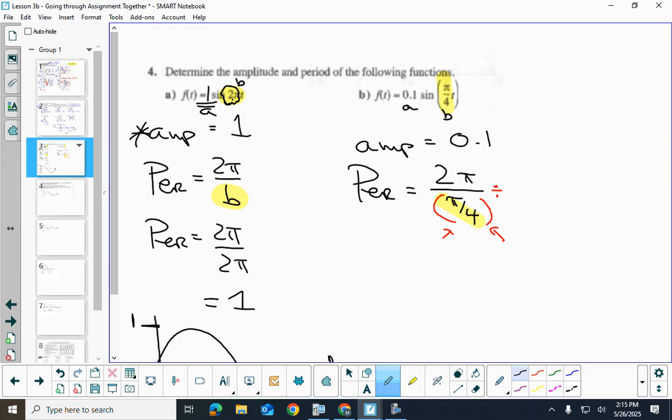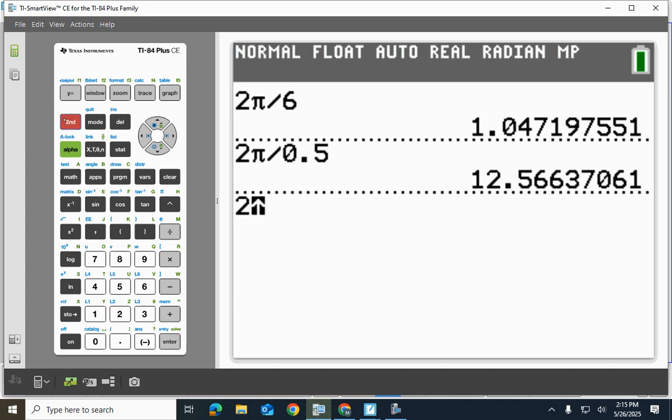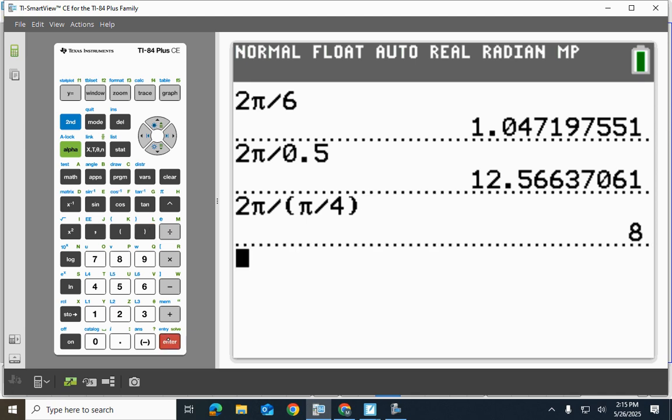What's extremely frustrating at this stage of the game is you have all the theory in your brain and then you screw up circling B when you should have circled C because you plugged it into your calculator wrong. So if we go 2 pi divided by, and then in brackets, pi over 4, we get out 8.